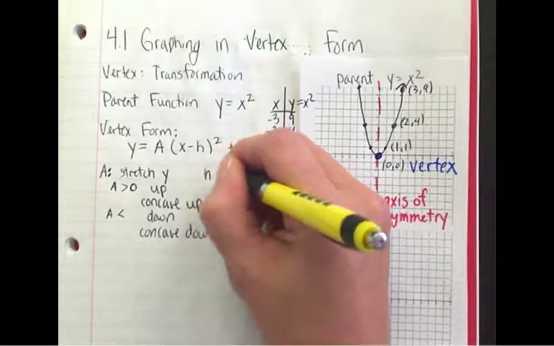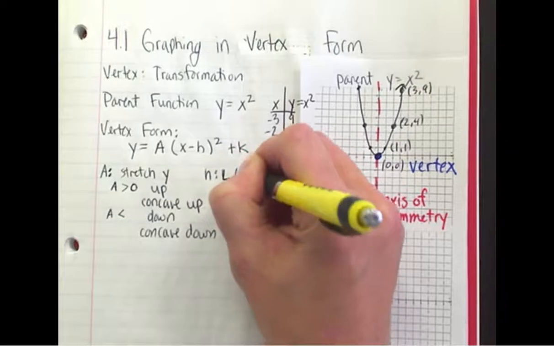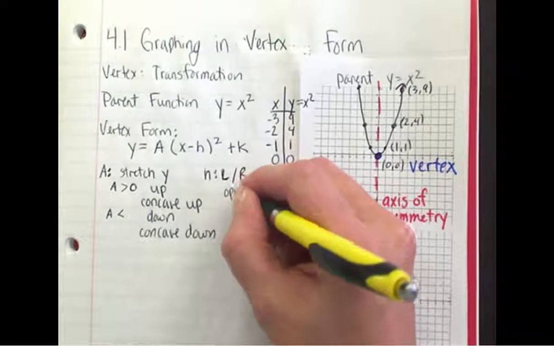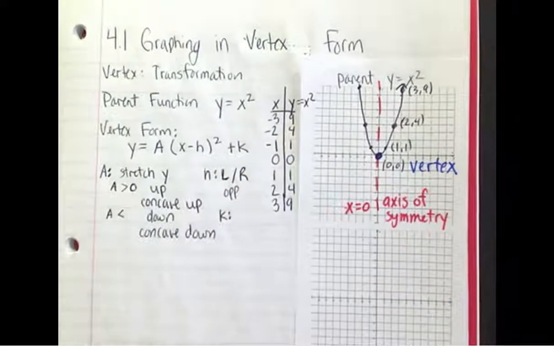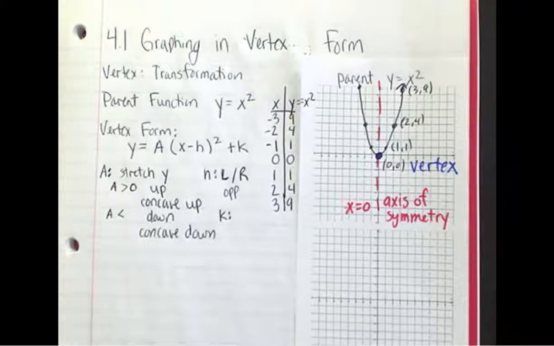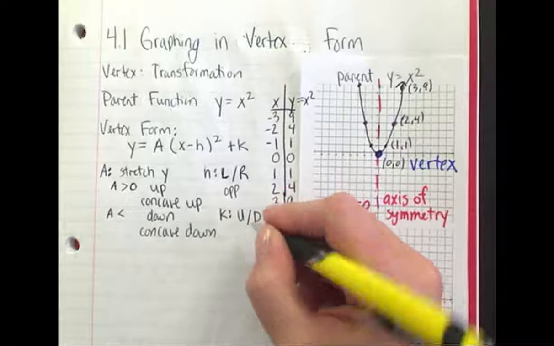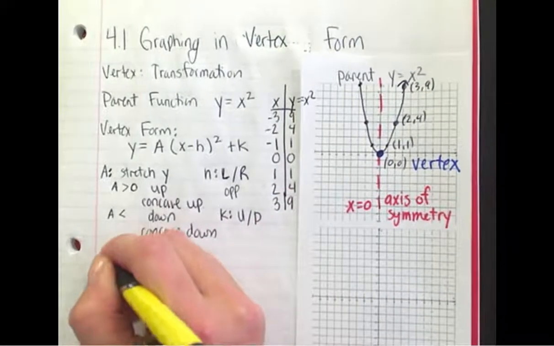H goes left and right, but it's opposite direction. Okay, what does K do? Up and down. All right, so let's graph.